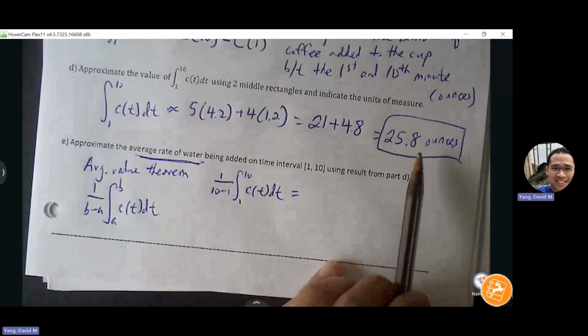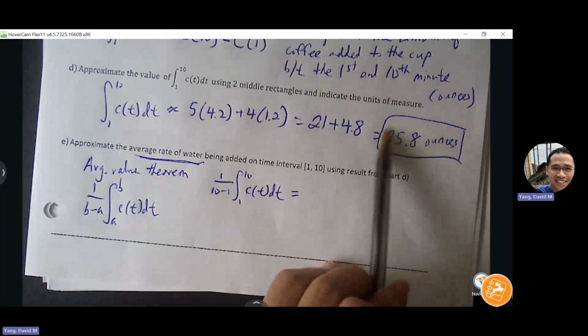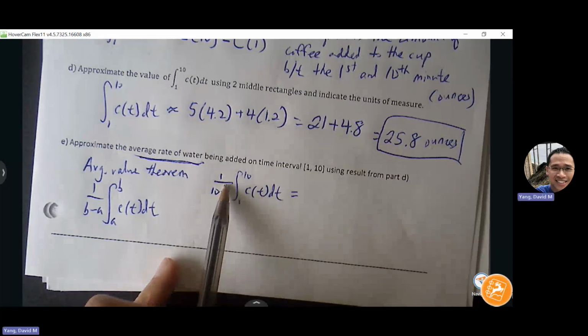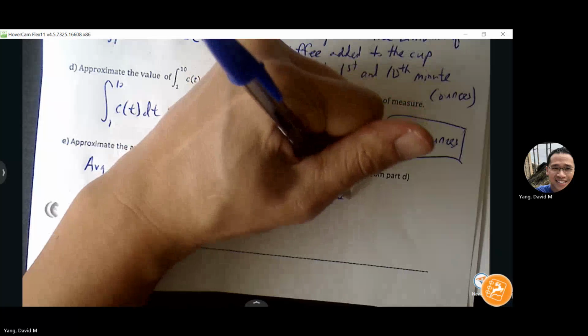So we can pull the value that we found from part D. So we have ounces divided by minutes, and we're back to ounces per minute.